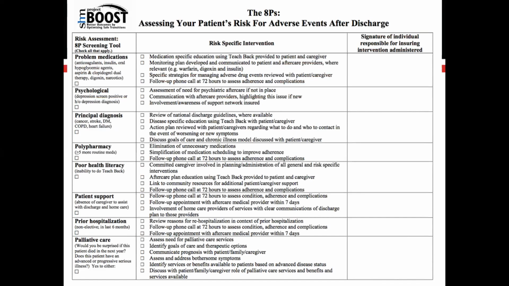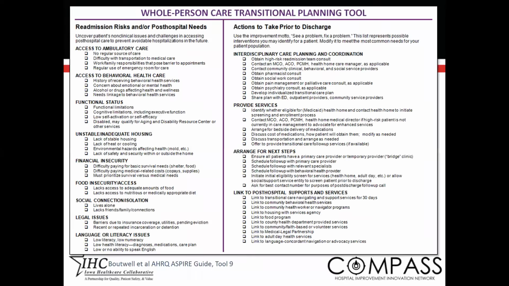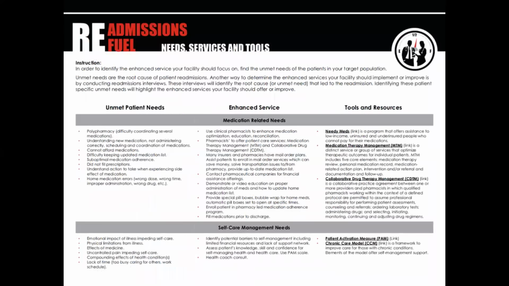And so that's kind of how you use the left-hand column and the middle column. If you see a problem or a readmission risk in this case, then you want to address it with, as you see up here in the header, some sort of risk-specific intervention that you put into place. Next slide.